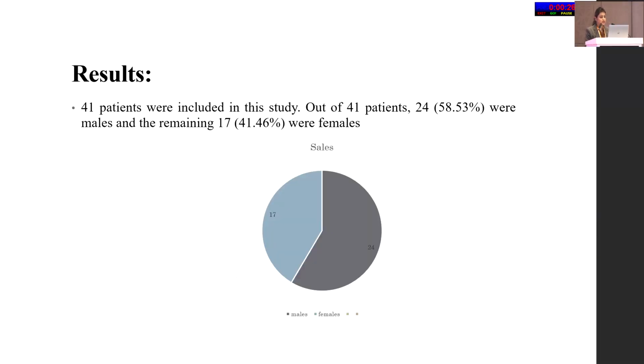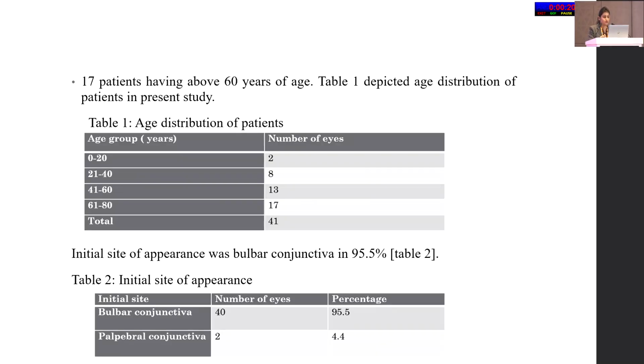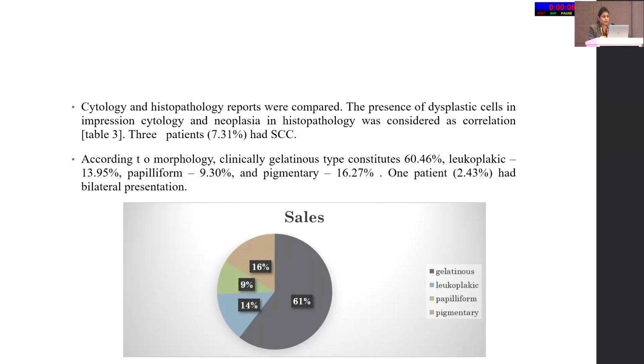Present study results: 41 patients were included. Of these, 24 were males and the remaining were females. 17 patients were above 60 years of age, as depicted in the table. The initial site of appearance was the bulbar conjunctiva in 95.5% of patients.